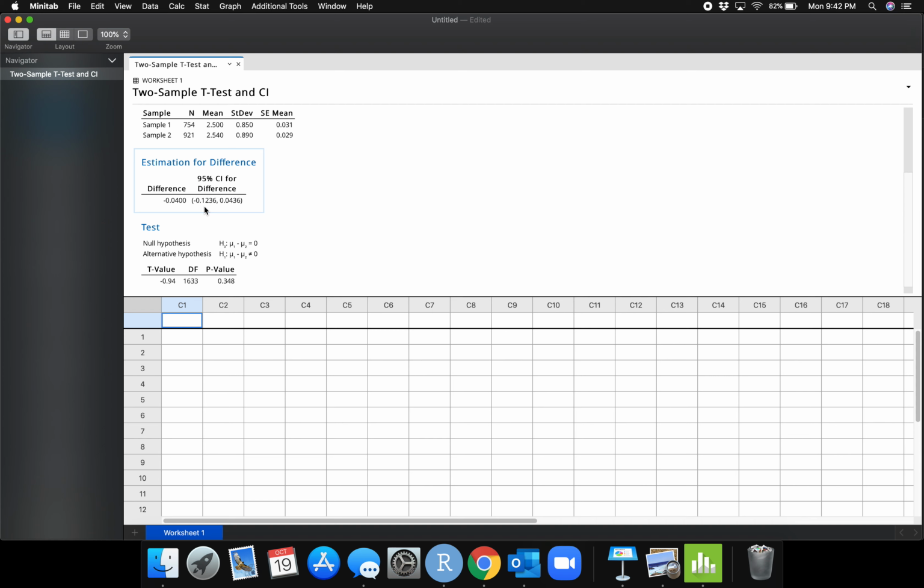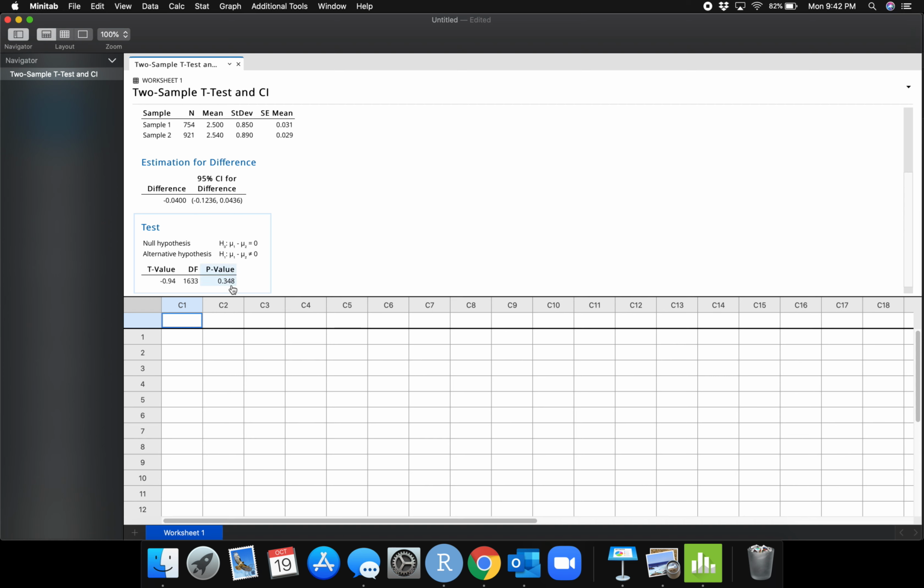If I were to make some sort of statement based on this interval, I would say there is no difference because 0 is contained in the interval. Okay, and so I could try to make that inferential statement with a confidence interval. And actually, if you look down here at the test, it makes the same statement.